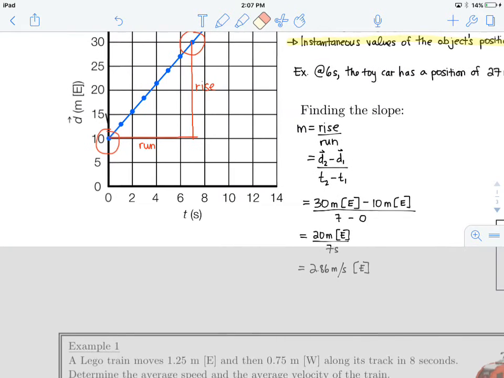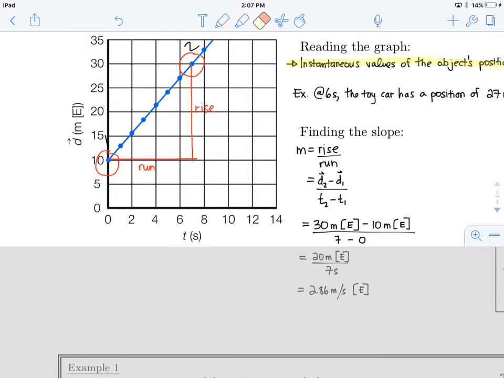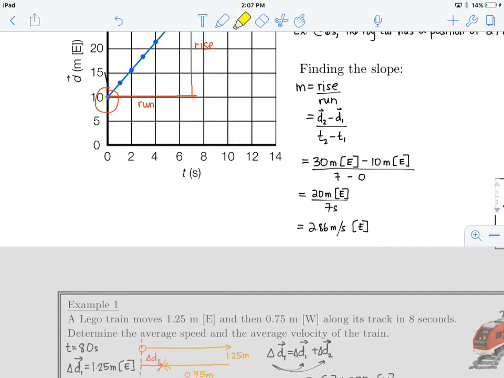And you can see in my diagram here, I've indicated point 2 and point 1. You could have picked any two spots on the line, it doesn't really matter. But I've got 30 minus 10 over 7 minus 0, which gives me 20 over 7, and that's about 2.86 meters per second in the east direction.